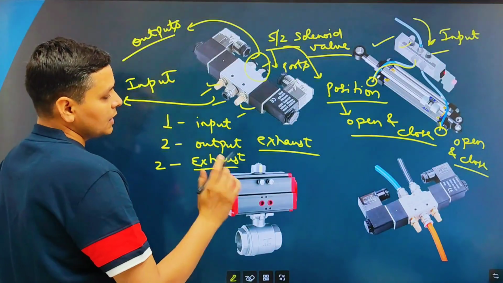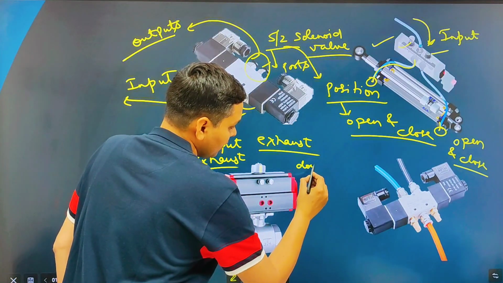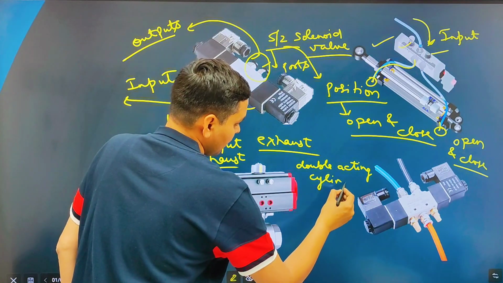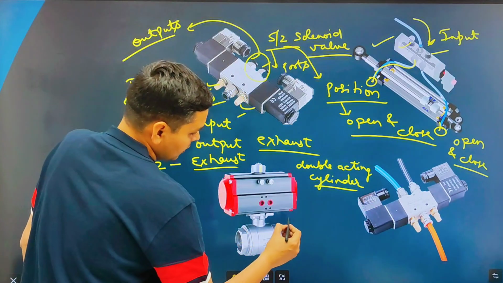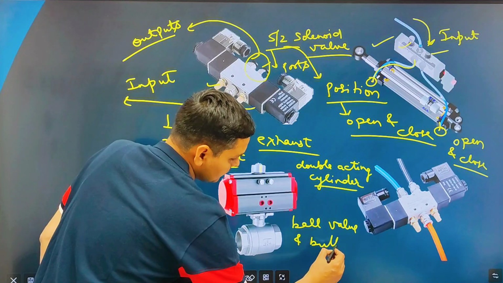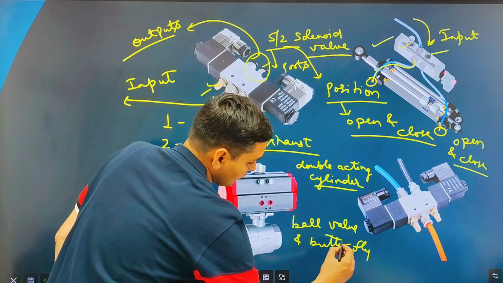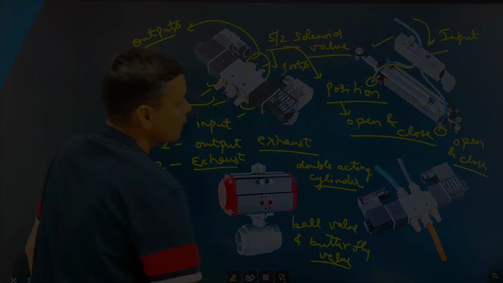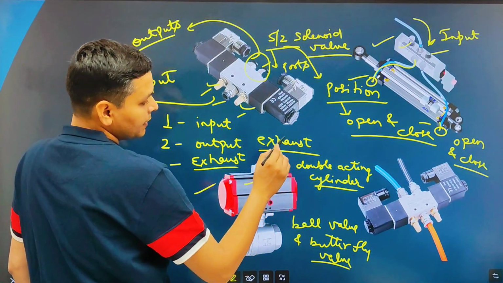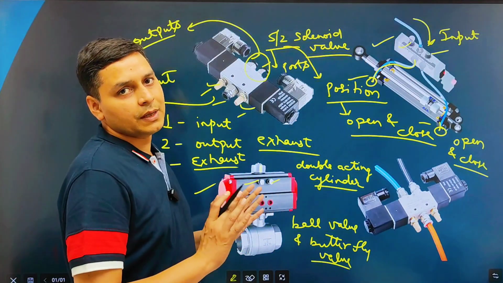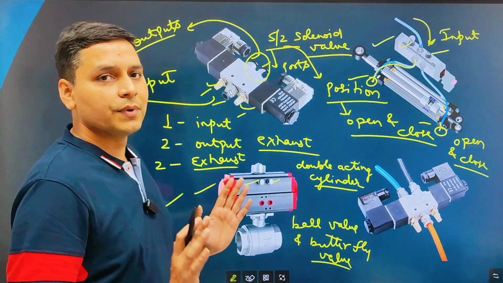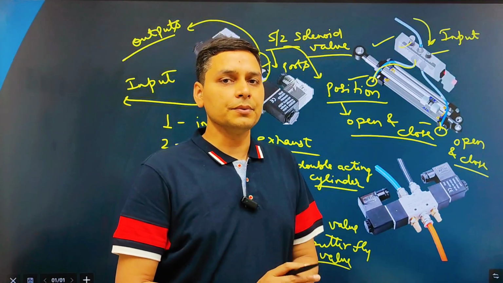So this type of valve is used for a double acting cylinder, and for ball valve and butterfly valve. If we are taking a ball valve, then these output connections will be connected here, and the ball valve or butterfly valve will open and close according to the signal received. So this is the 5x2 solenoid valve. I think it is clear to you.